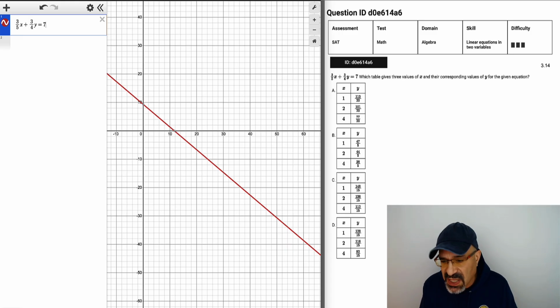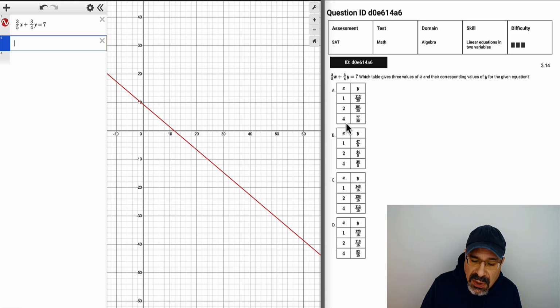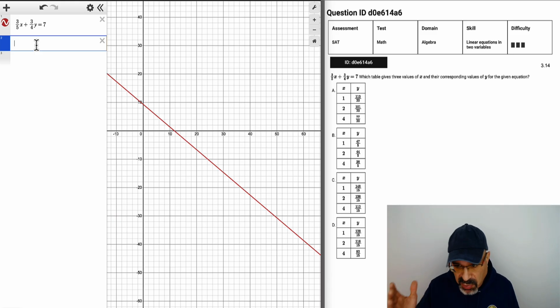Now, as you can see, all four of the answer choices have the same x values, 1, 2, and 4, and then they have varying y values. And in fact, all of the y values are unique. So all we need to do is pick one of these x values, type it into Desmos, and it'll create a vertical line representing that point, either x is 1, x is 2, or x is 4.